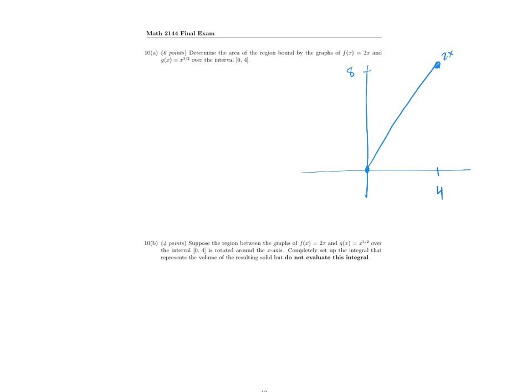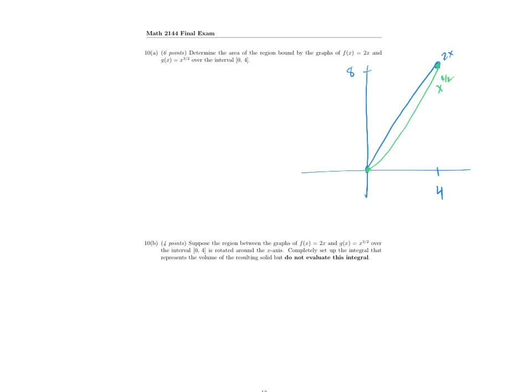So it looks kind of parabola-like. It'll be here to here, and it kind of goes like this. Okay, and so we have a graph that looks like that, and so this green one is x to the 3/2.